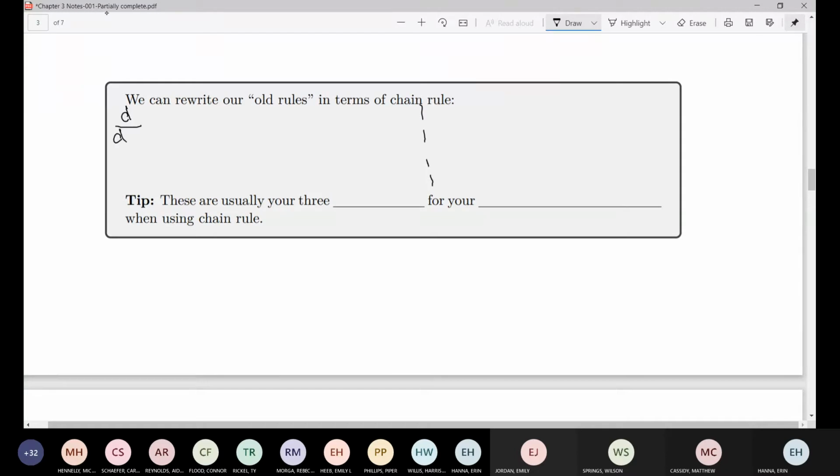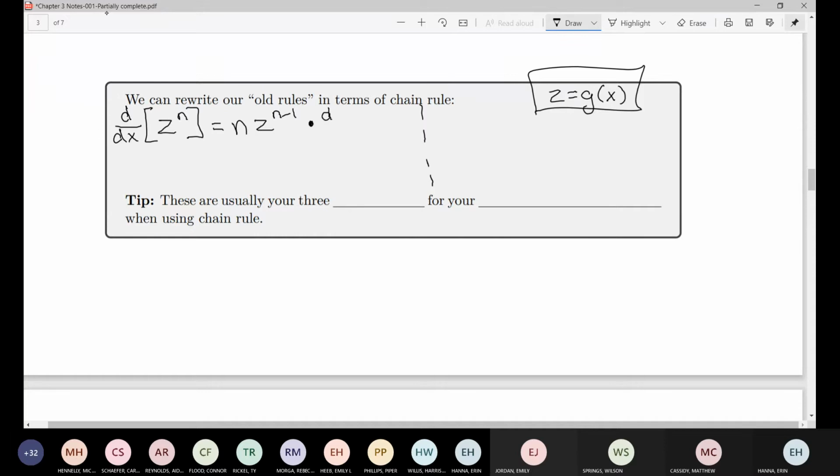So essentially, if I want to take the derivative of some z to the n, and here we're viewing z as some kind of separate function. So it's not just an x, it's actually a different function, something more complicated than just an x. Well, the power rule tells us to bring the power down and subtract 1 from the power, and we do that.